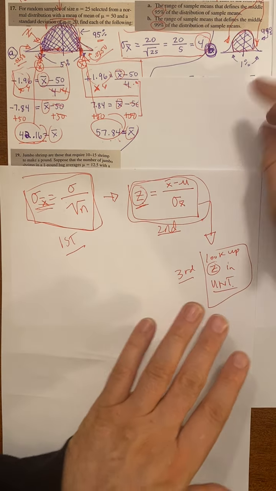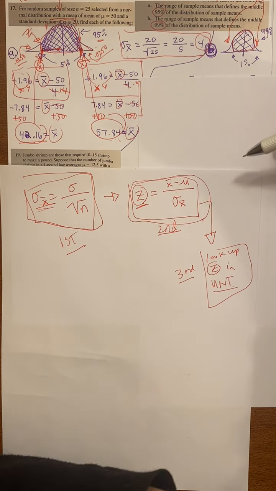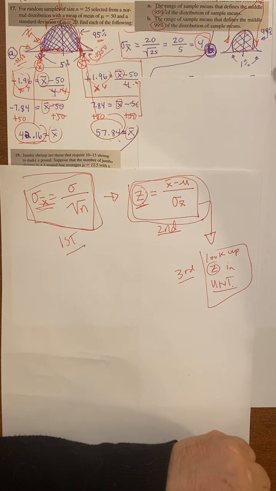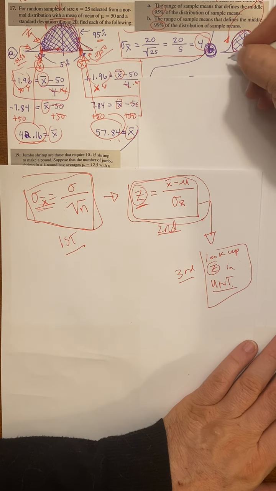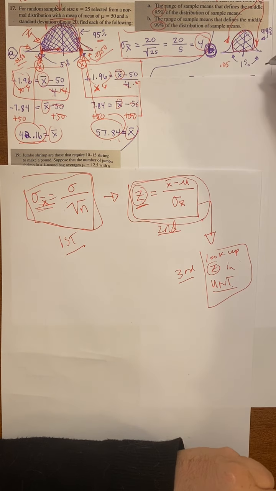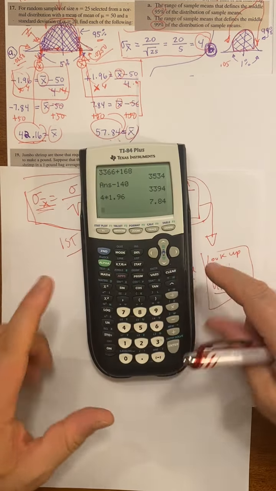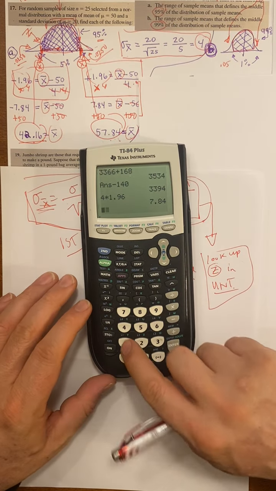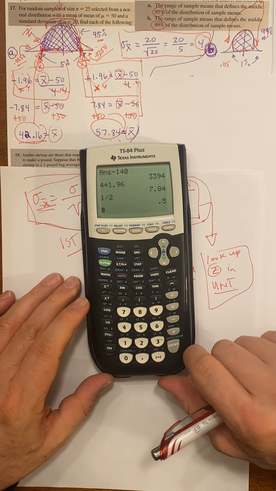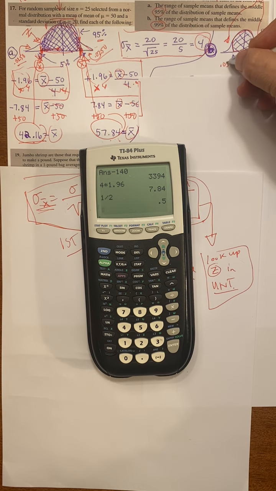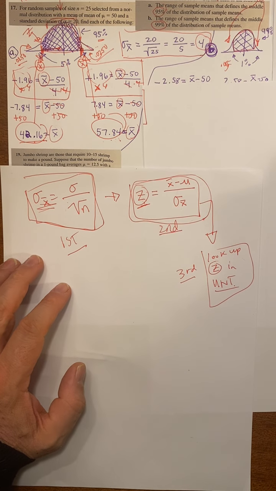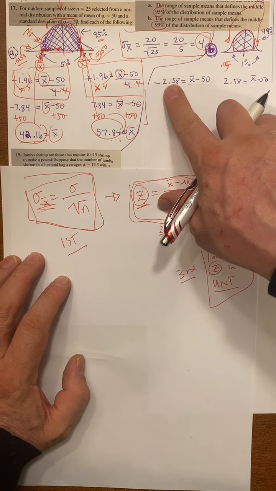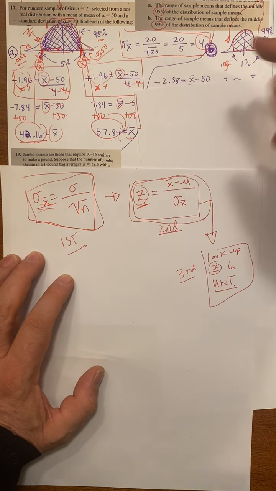Right, so that's why I've got this 1% right here. What is half of 1? 0.5, right? Or 0.05, right? Let's make sure. Okay, 1 divided by 2. Oh, 0.5. Okay, let's see what we got here. So what I have is a z value of negative 2.58 on this side, right?